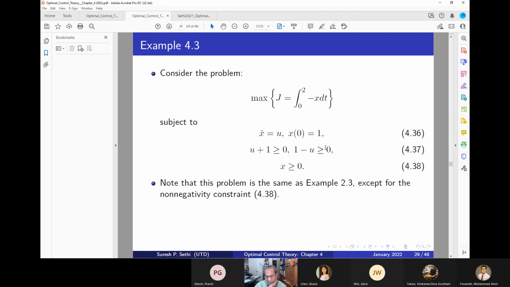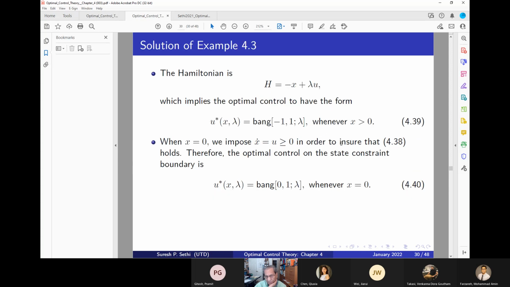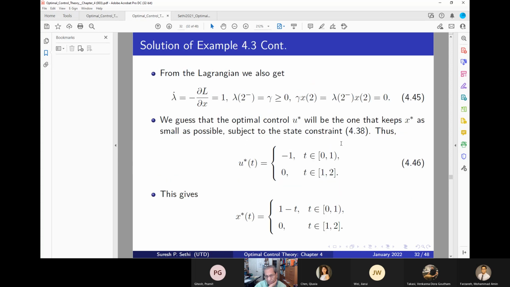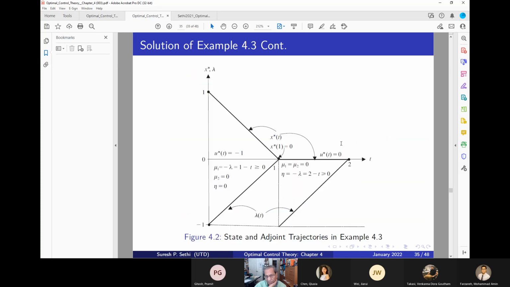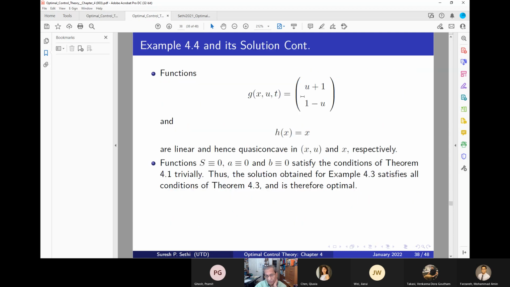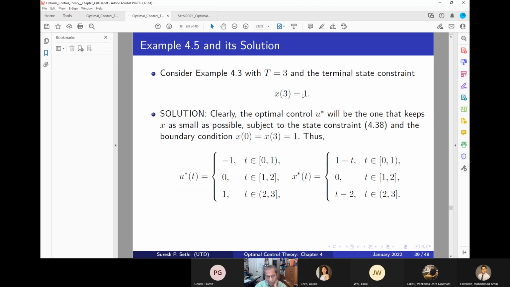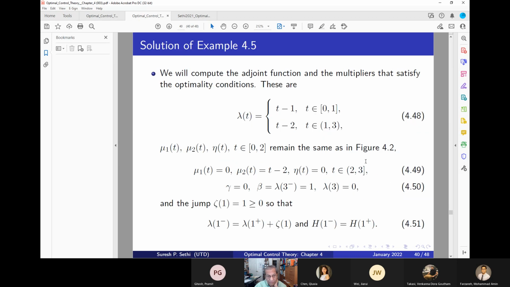Control is between -1 and +1. So I use the +1 control all the way to get to x3 equal to 1. So all we're trying to do now is compute the adjoint functions for this control.